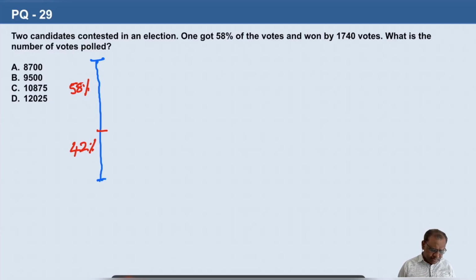The difference between 58% and 42% is 1740.